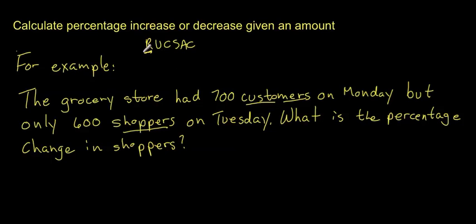We've read it over. We now need to underline the important things. The first thing is that we had 700 shoppers on Monday, only 600 shoppers on Tuesday, and the question is, what is the percentage change in shoppers?